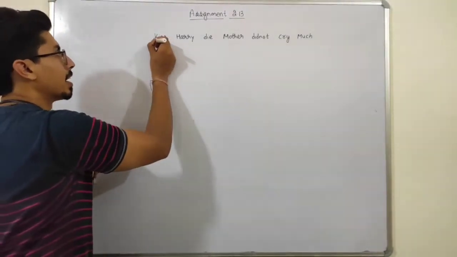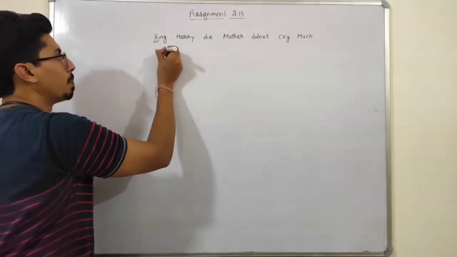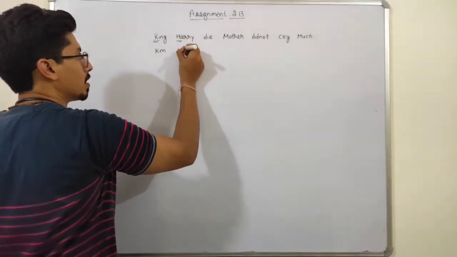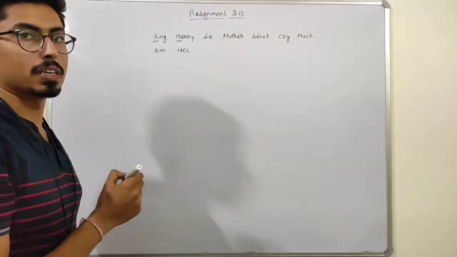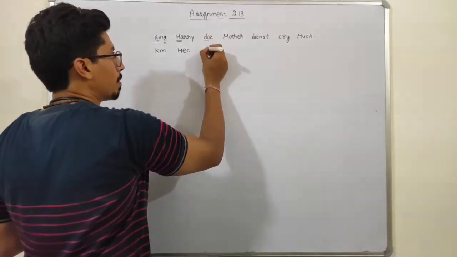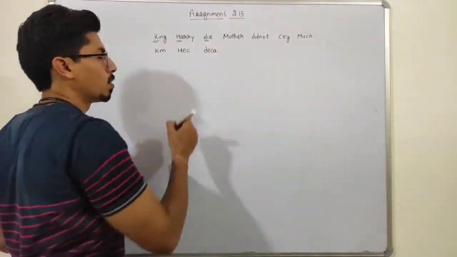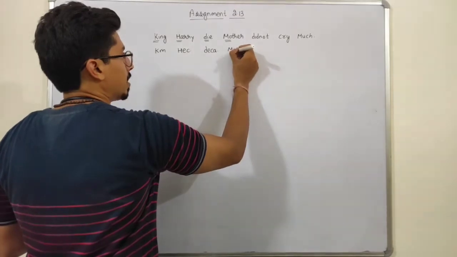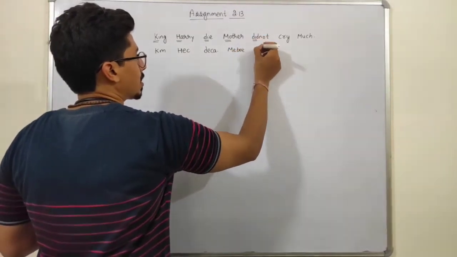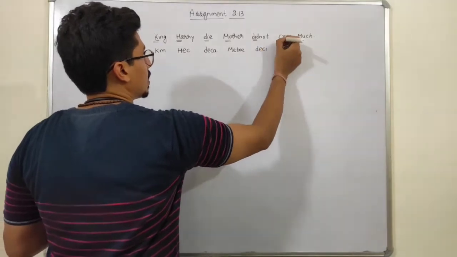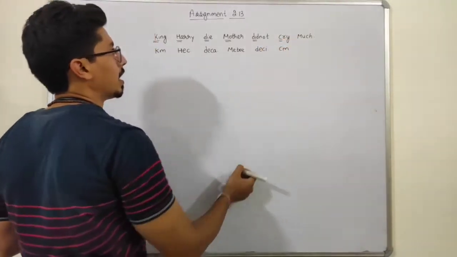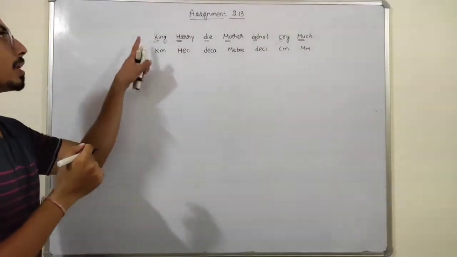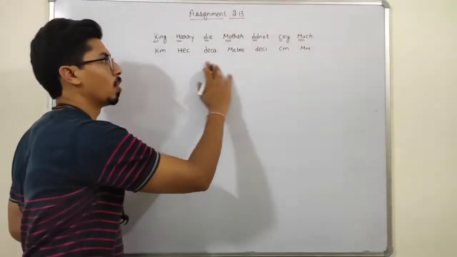K stands for kilometer, H stands for hectometer, D stands for decameter, and M stands for meter. This stands for decimeter, C for centimeter, and M for millimeter. So this is the short trick to learn all these conversions.